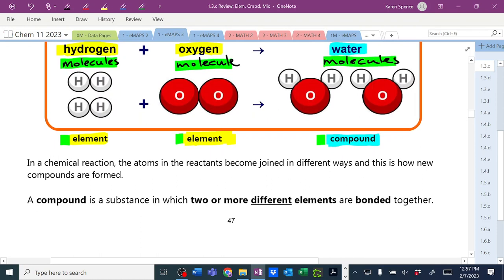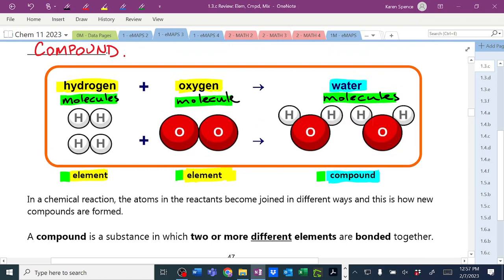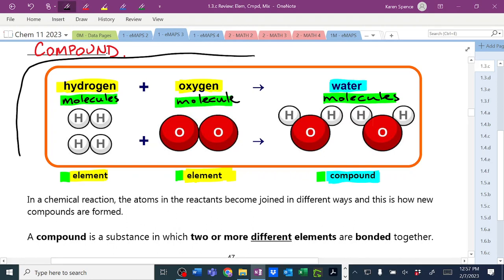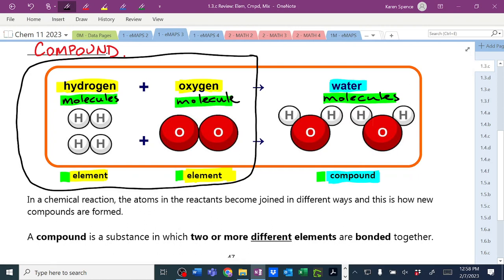So in a chemical reaction, the atoms become joined in different ways, and this is how new compounds are formed. By the way, how many hydrogen atoms are in the reactants? The reactants are the things over here on the left-hand side of the arrow. How many hydrogen atoms in the reactants? 1, 2, 3, 4. 4 hydrogen atoms.